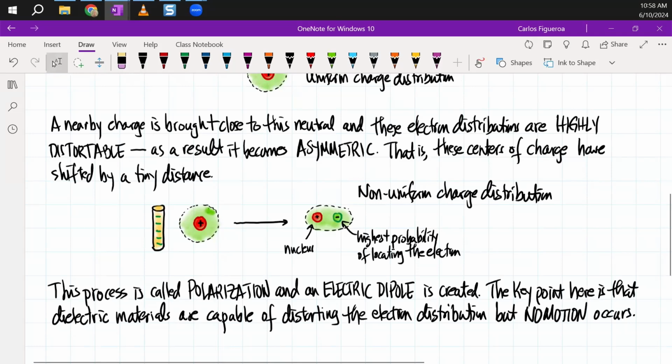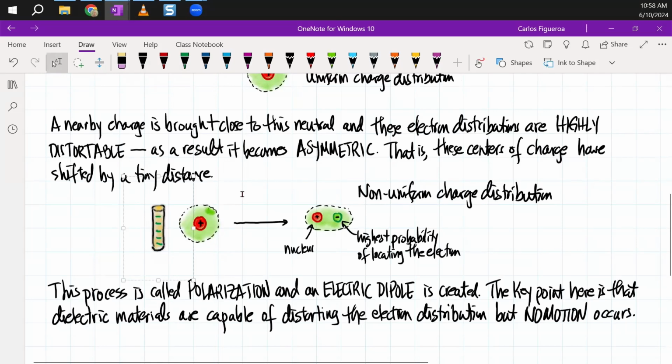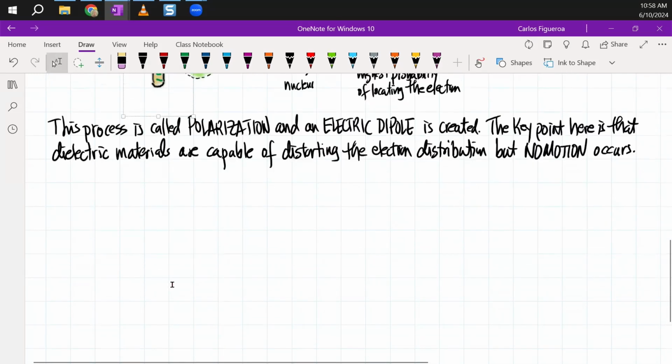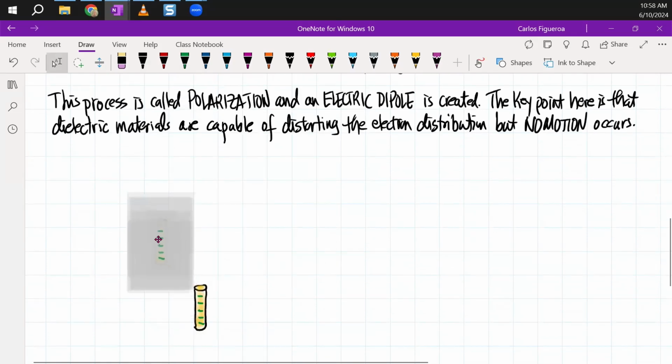So now let's start talking about our system. I'm going to take this guy right here and bring it here. Now we want to bring a charged rod to a dielectric. So I have a charged rod right here.